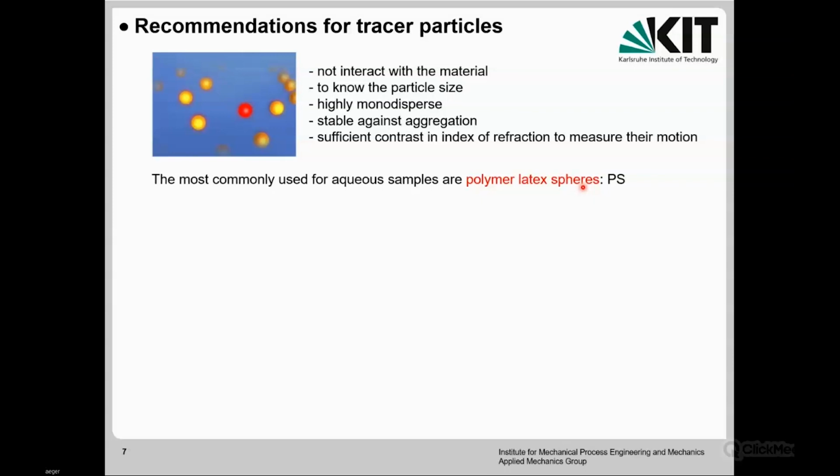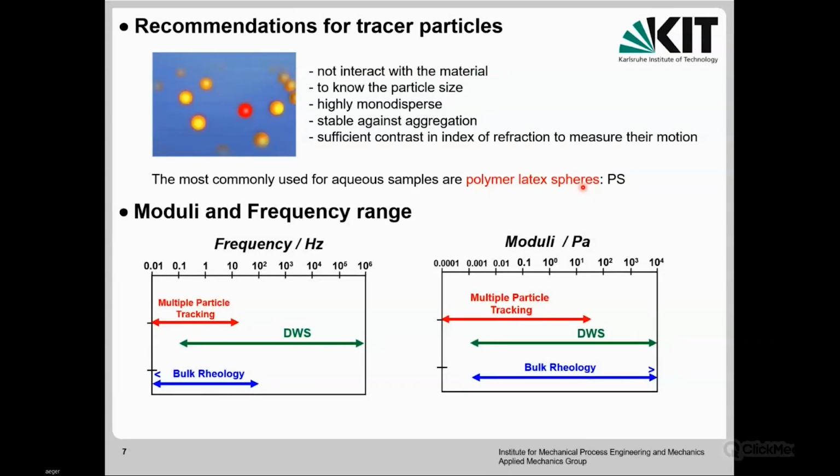About the frequency and modulus range. First, the frequency range: as mentioned before, the advantage of DWS, this light scattering technique, is that you can cover a very broad frequency range, up to the megahertz regime. This is much more compared to the classical microrheology, and also to the other microrheology technique, multiple particle tracking. This is one main advantage of DWS, and this is also what we use, these high frequency measurements in our studies.